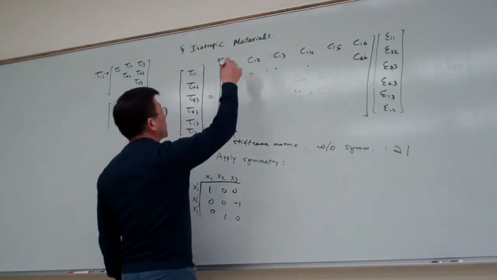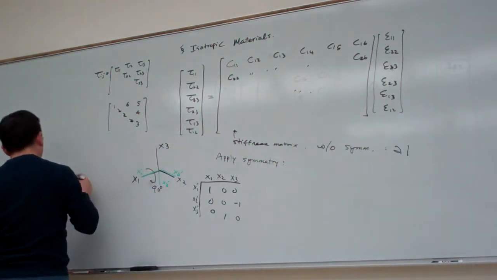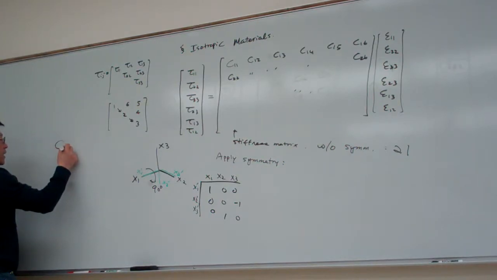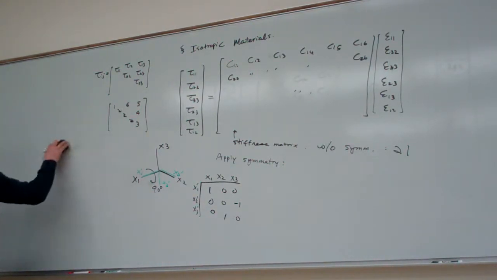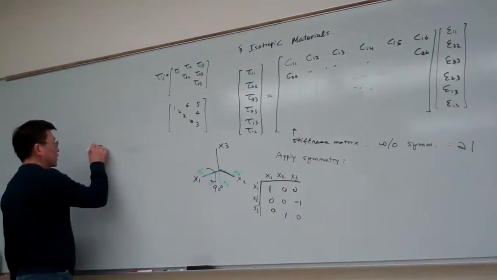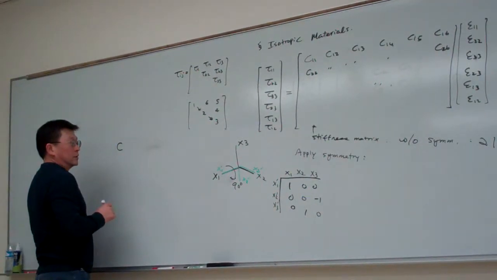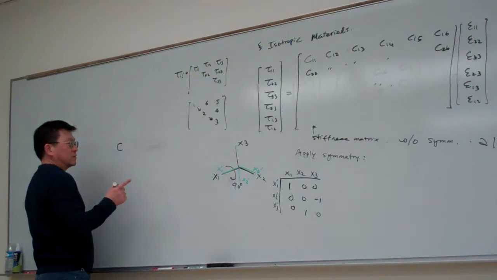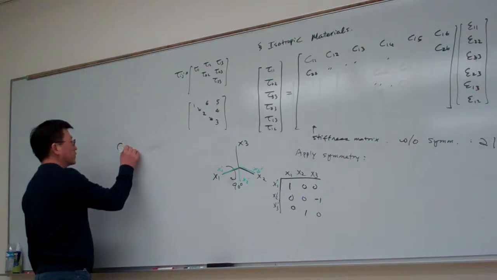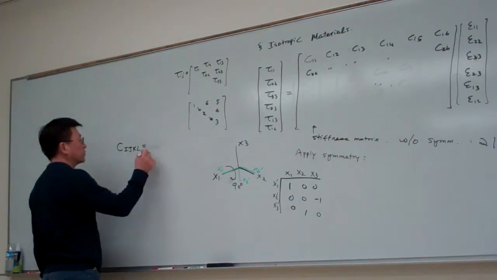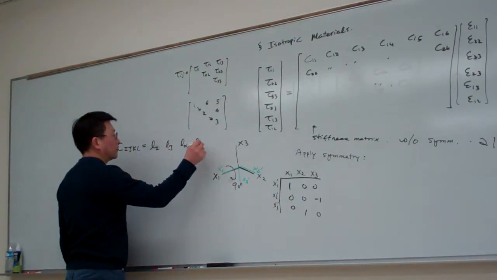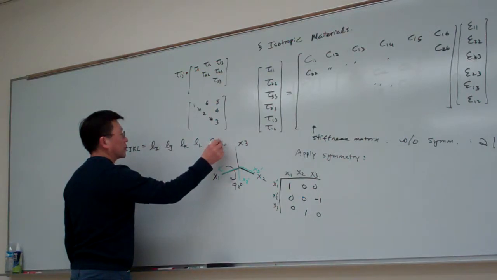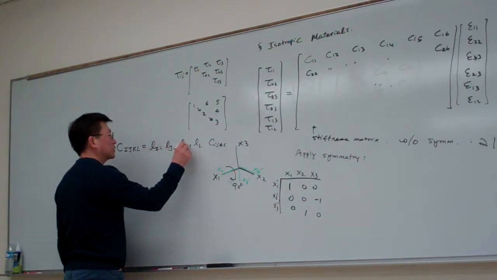Okay, so for example, if we apply this to our calculation of Cij, KL, let me write it up here. We have the rotations of the stiffness matrix or compliance matrix, and we have such a rule: C'IJKL equals LI, LJ, LK, LL, times CIJKL.